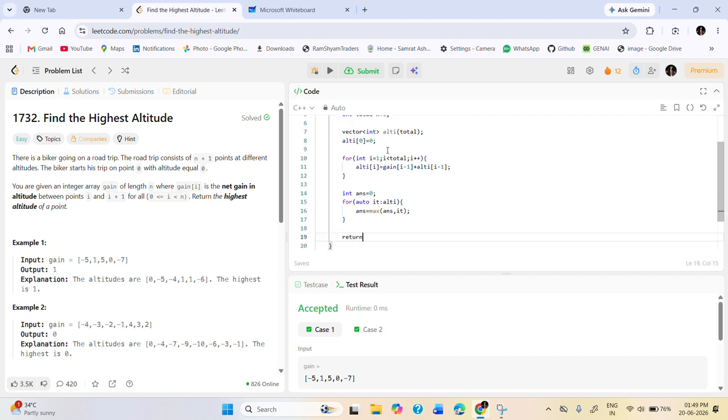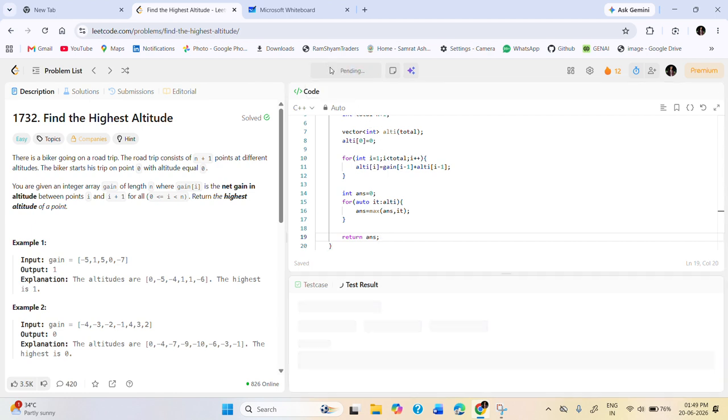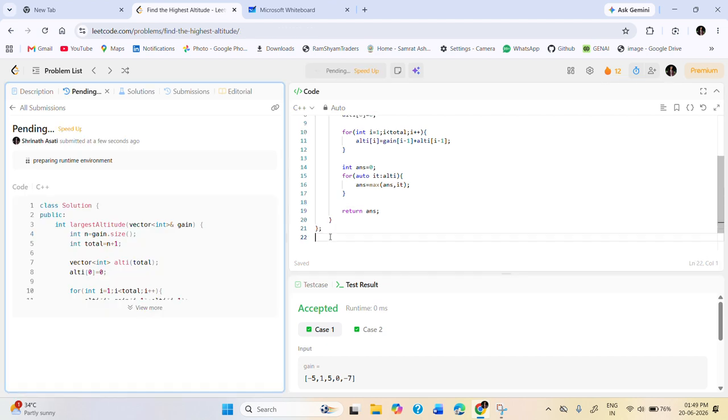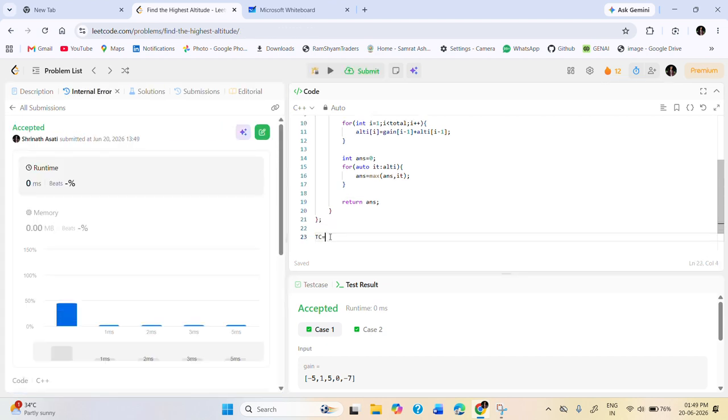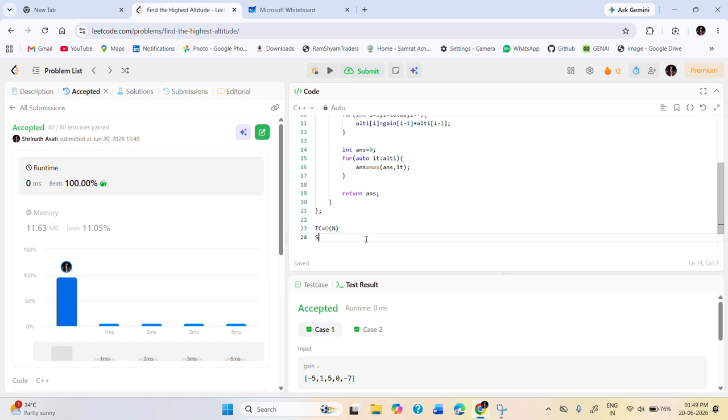So here we can directly return the answer now. So you can see this is successfully completed, and the time complexity will be O of n, and space also O of n, but we can also optimize this solution to O of 1 space complexity.